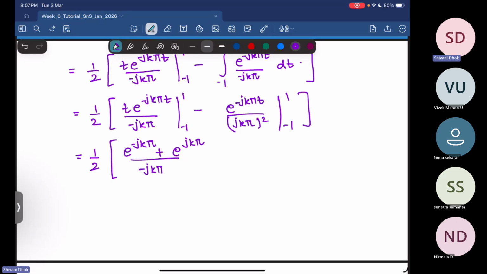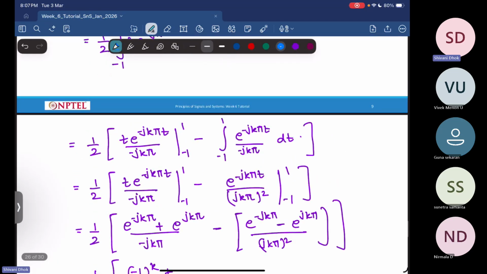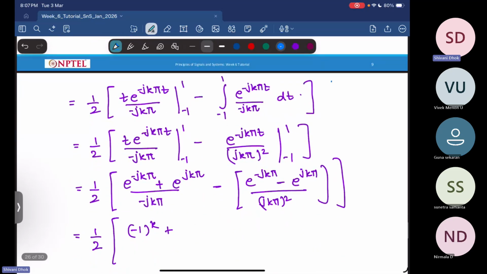This is the first term, and then you have minus e power minus j k pi minus e power j k pi by (j k pi) whole squared. So this becomes 1 by 2 into, again, e power minus j k pi is minus 1 to the power k.